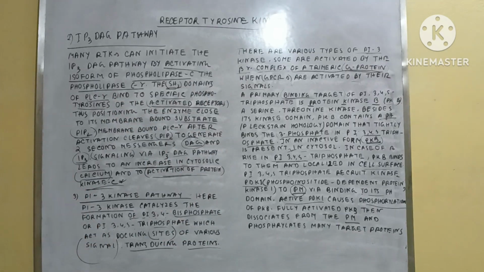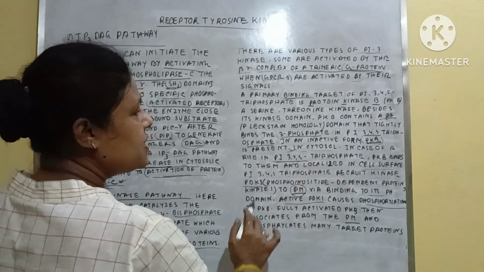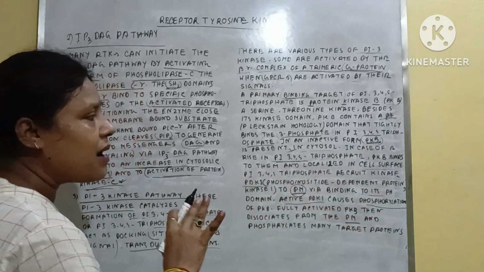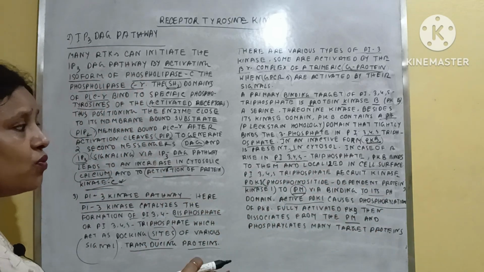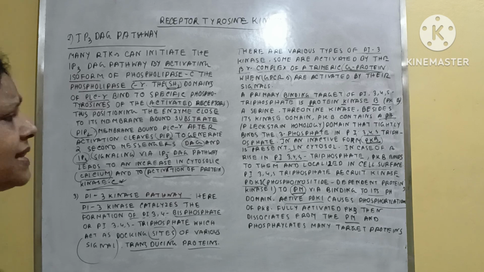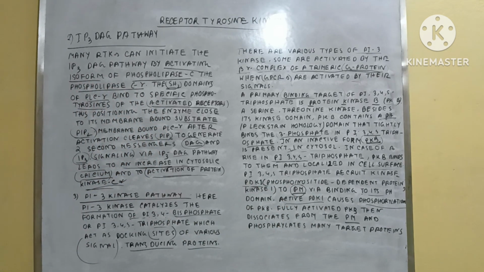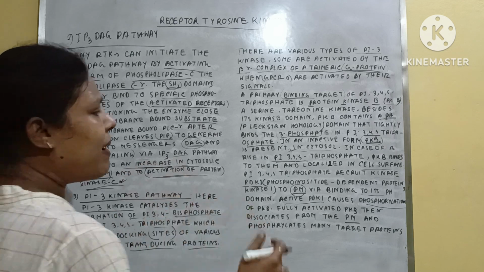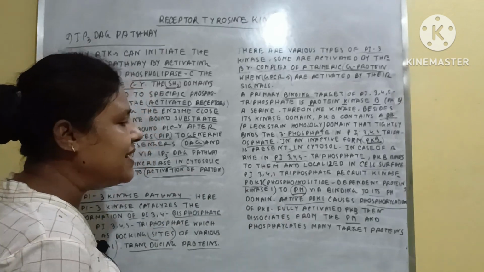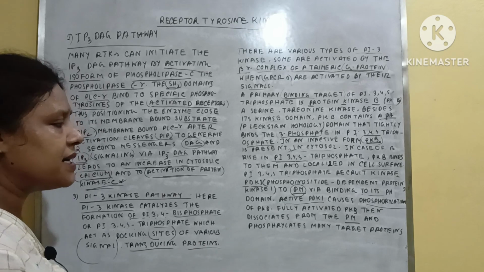Okay, here just after binding, first you can see that PI3,4,5-triphosphate and PKB are both bound with each other, and then another kinase, PDK1, comes towards them. After binding and activating, the phosphorylation process starts.